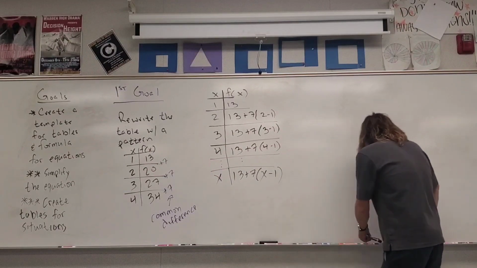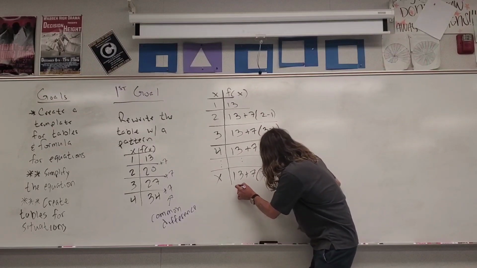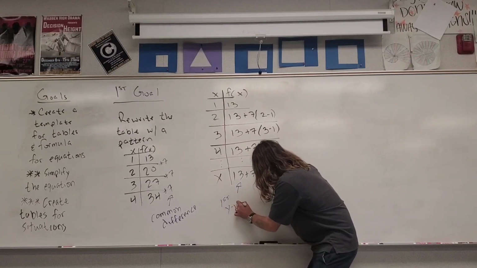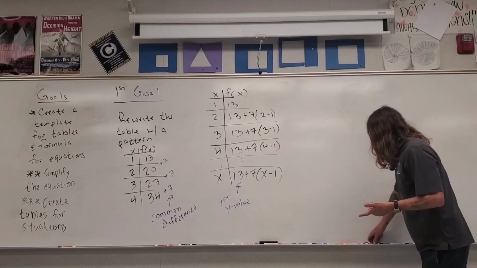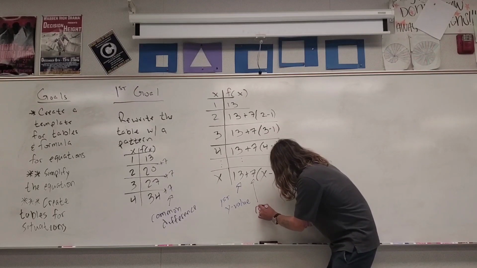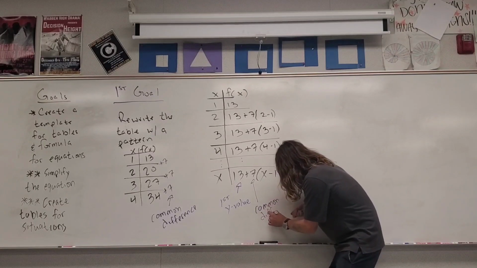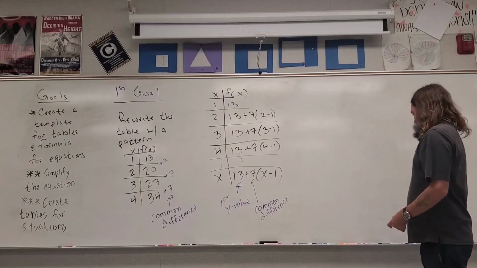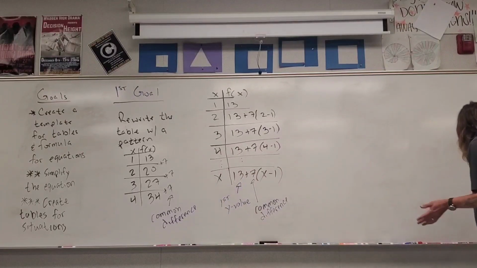Let's start piecing these together. The number that I write first is the first y value. And then the number that I write next is going to be my common difference. I want to make sure this is dark enough so we can see it.